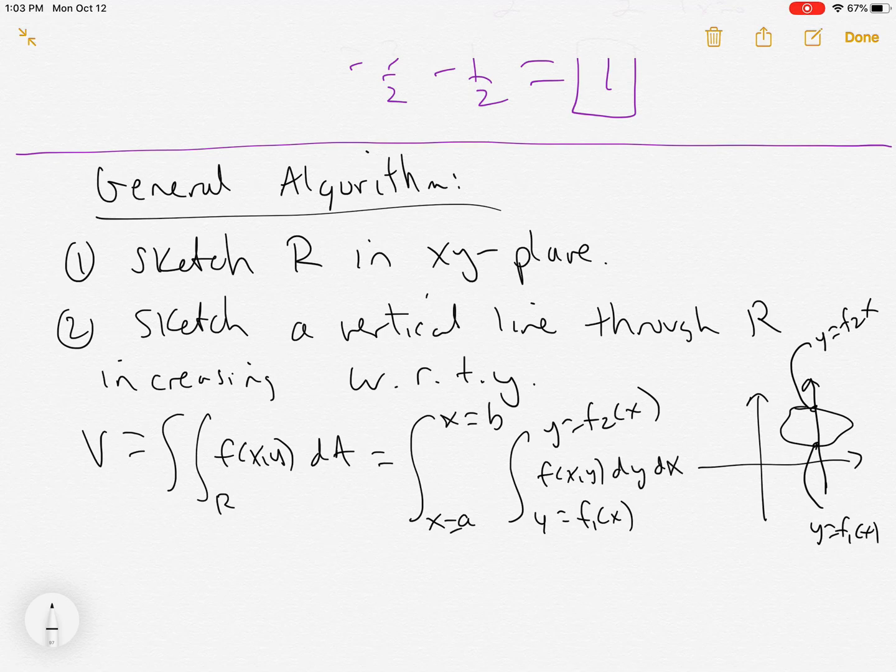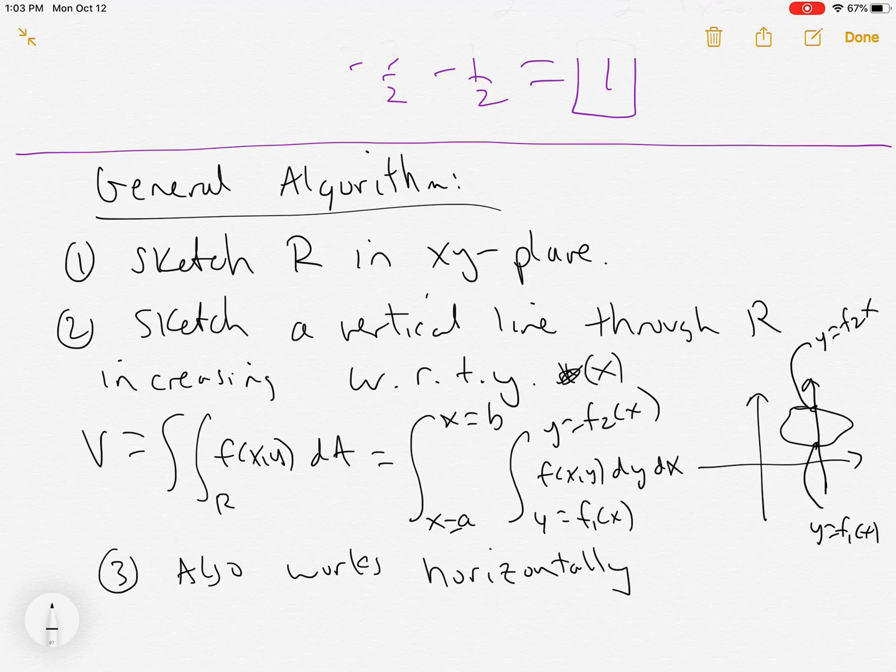Okay, and this also works horizontally, right? So you'd sketch a line with respect to X here instead of Y, and then your bounds here would change. So you'd have functions for your first bounds and then constants for your back bounds.